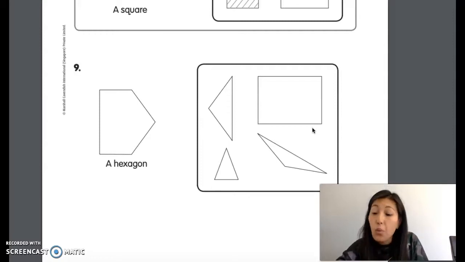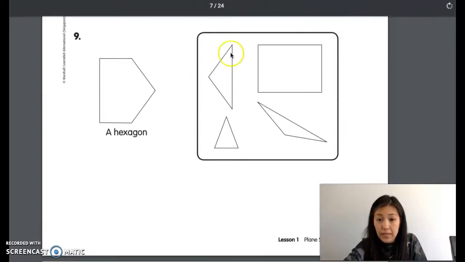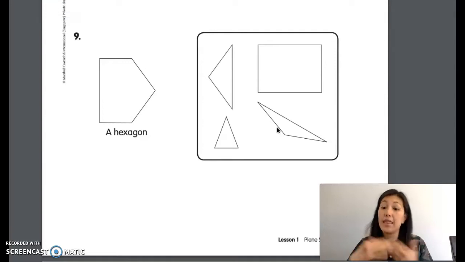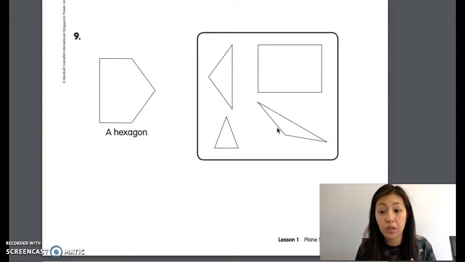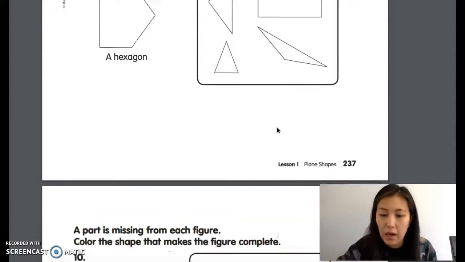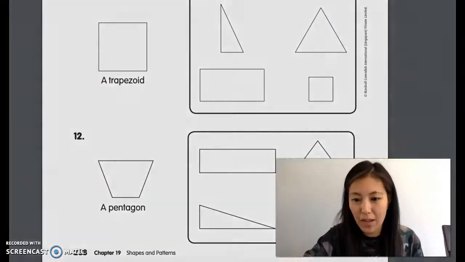Once they are printed out, take these shapes here, try to figure out which shape is definitely not it. And then from there, you have a visual ready, and look at them in your math textbook pages and see which one shape will make the hexagon, which shape will make the rectangle, trapezoid, pentagon. Okay, friends?